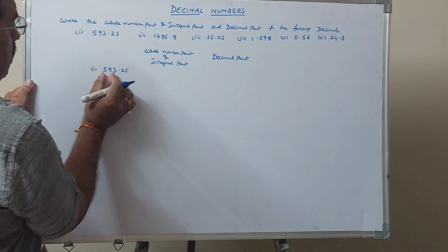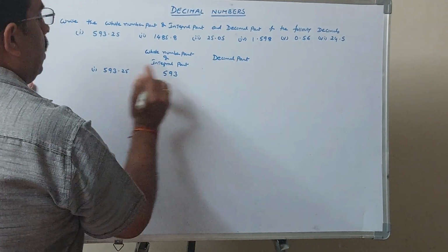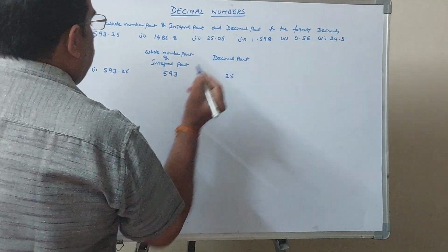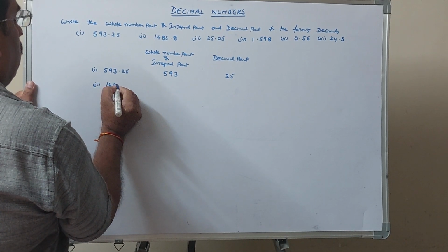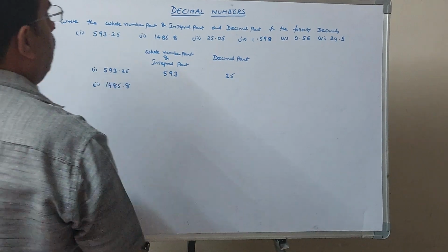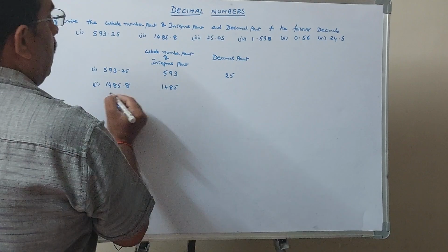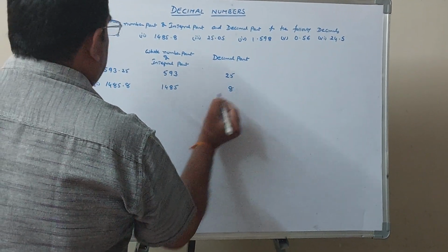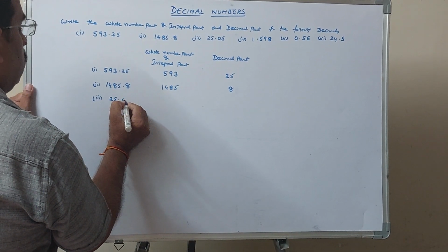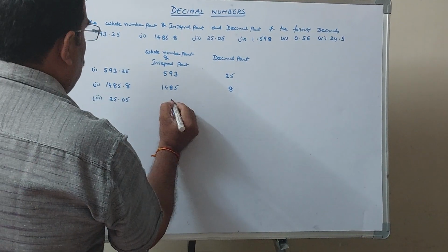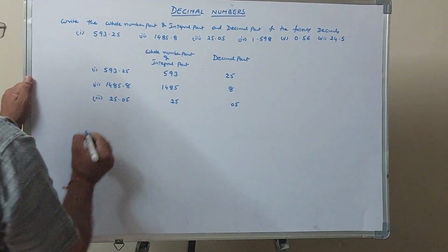What I told is this is the whole number part. So whole number part is 593. Decimal part is 25. Second one is 1485.8. So what is the whole number part? 1485. And the decimal part is 8. Number three is 25.05. 25 is the whole number part and 05 is the decimal part.